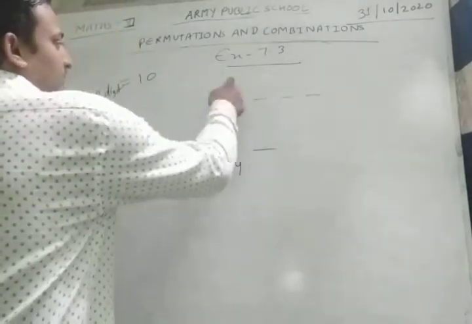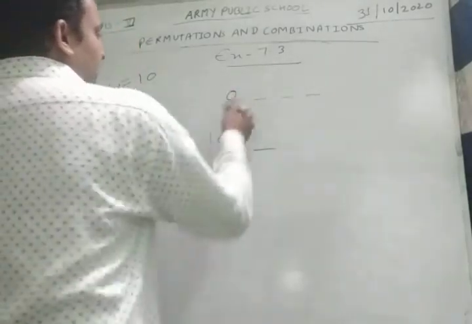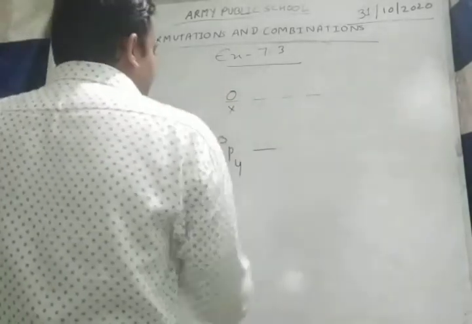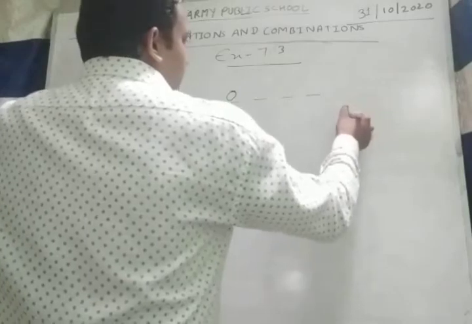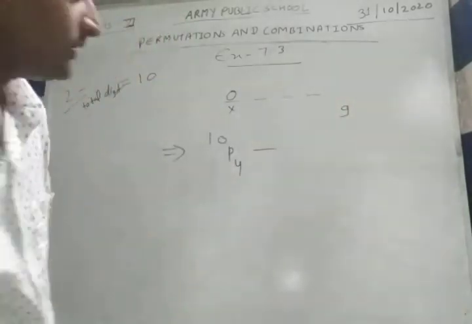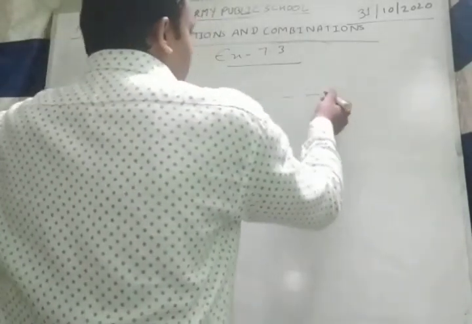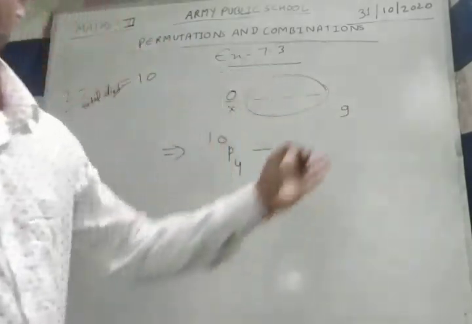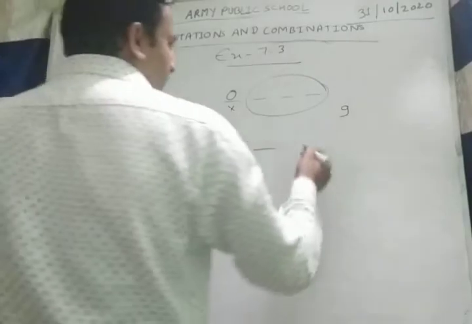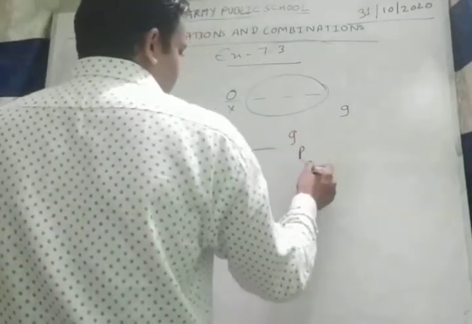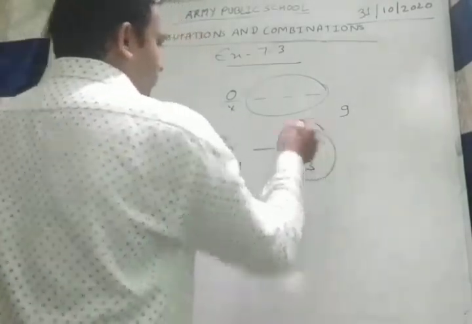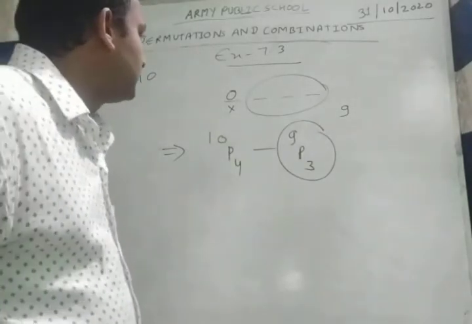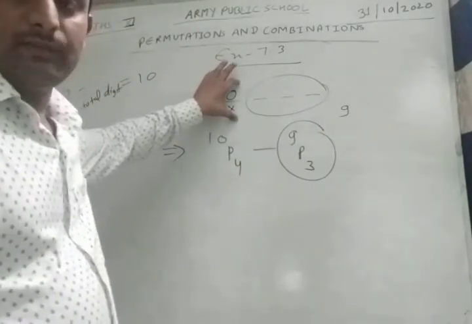So if we fix 0 here, then the remaining 9 numbers will fill the 3 spaces, so we write 9P3. This is the number of permutations which start from 0.